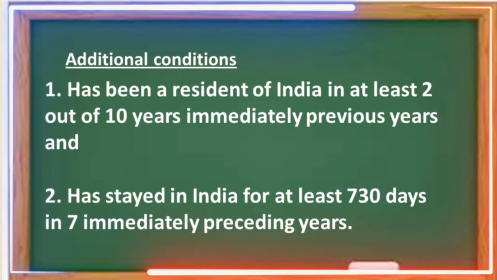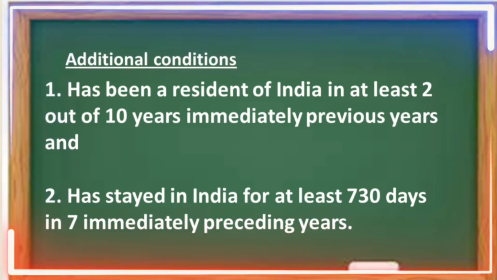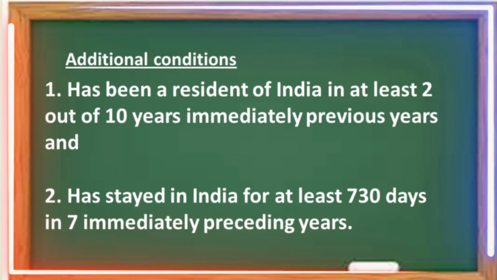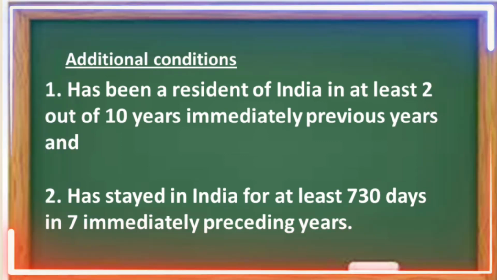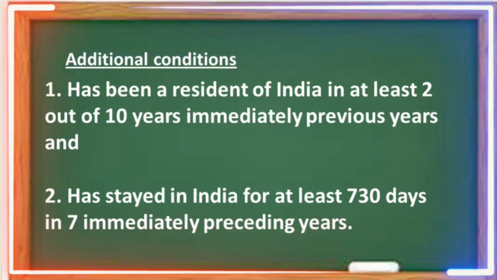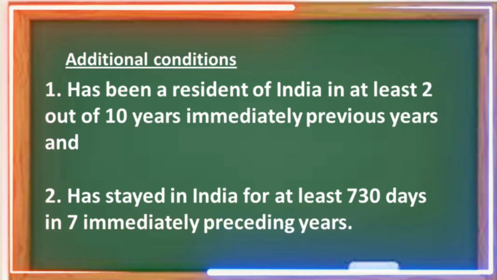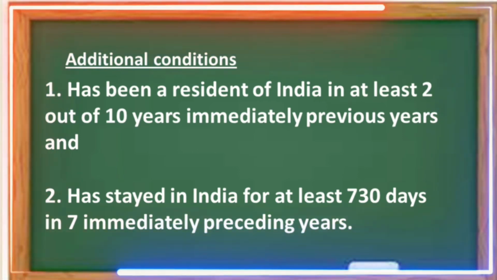And second additional condition: the assessee has been in India for a period of 730 days or more during the 7 years preceding the previous year. So what are the 2 additional conditions? Condition number 1, the assessee has been resident in India for at least 2 out of 10 years preceding the previous year. And the assessee has been in India for a period of 730 days or more during the 7 years preceding the previous year.